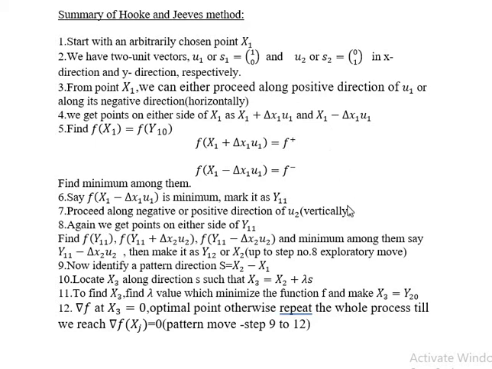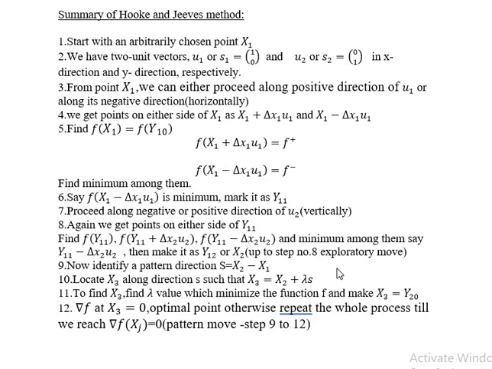So after horizontal move, we have to move vertically. Again we get points on either side of y11. Find f at y11, f at y11 plus delta x2 u2, and f at y11 minus delta x2 u2, and the minimum among them, say y11 minus delta x2 u2. Then make it as y12 or x2.